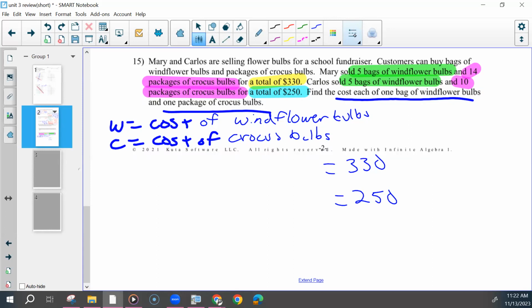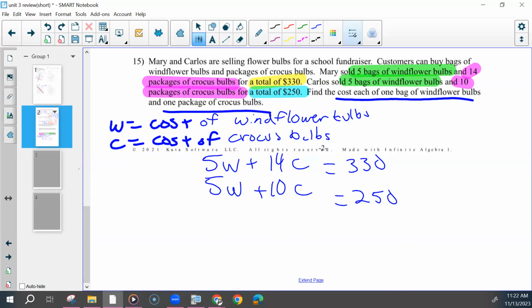So your totals will be your C. You have 5 and 14, and you put your variables with them to equal 330. So 5W plus 14C equals 330. That would be one of your equations. And then 5 and 10 with your variables: 5W plus 10C equals the 250.